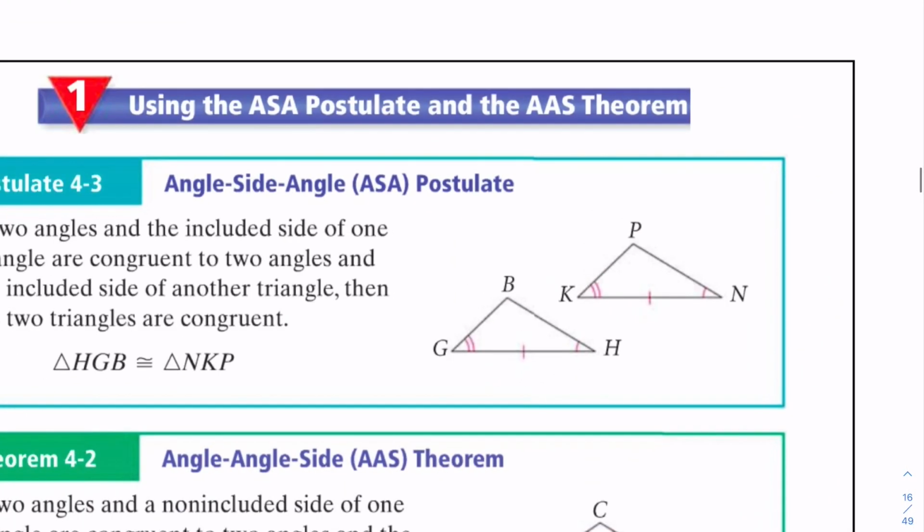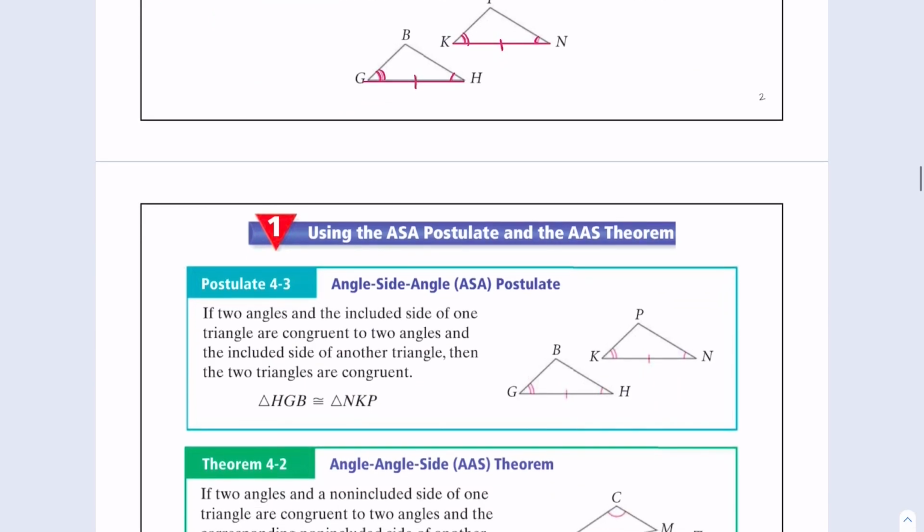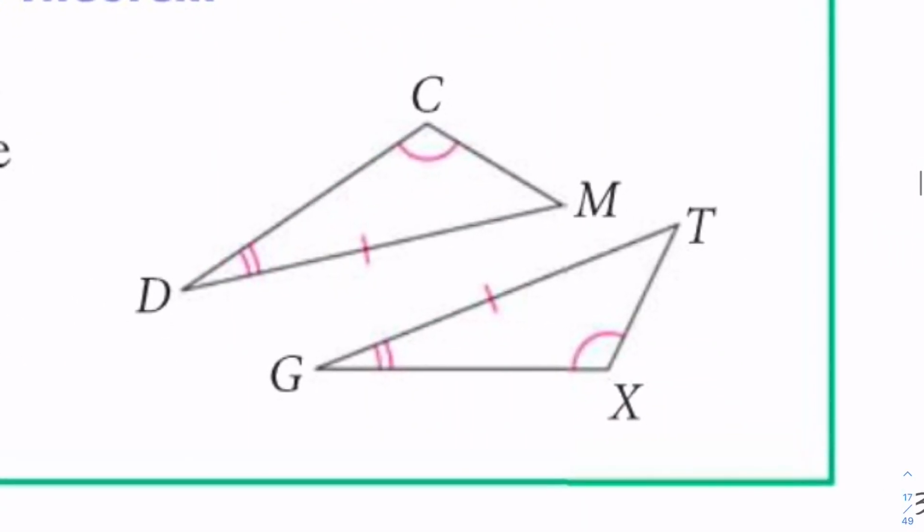There's your angle side angle. And then the angle side, again, it's kind of like you're going around your triangle. Here's your angle, side. But you're just skipping that side right there for angle, side.